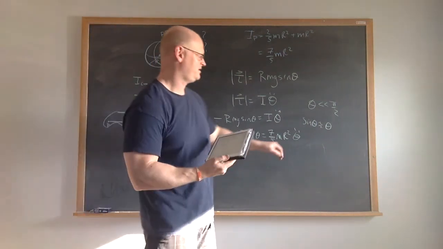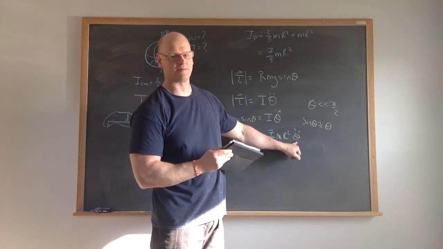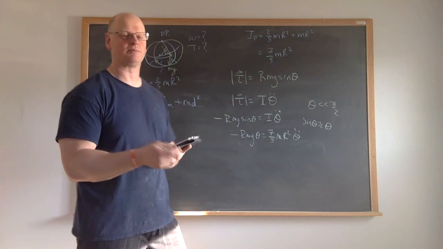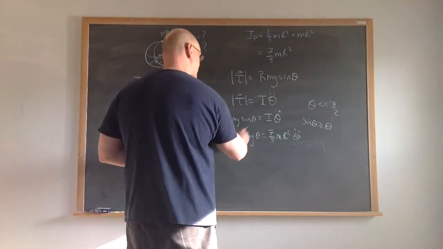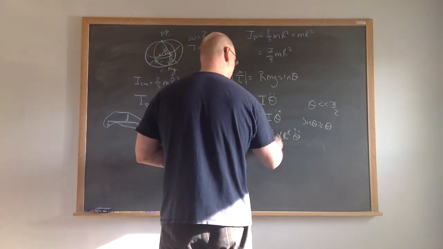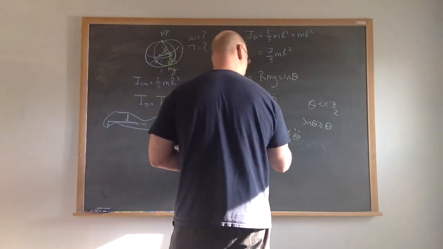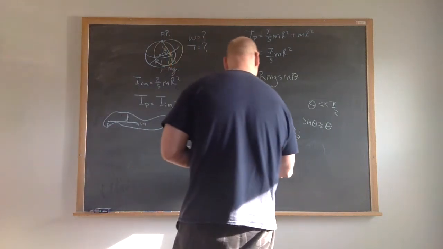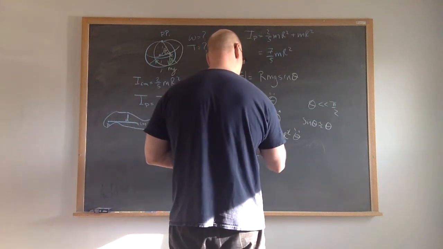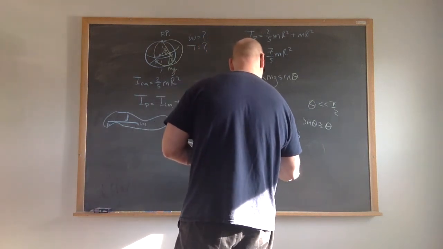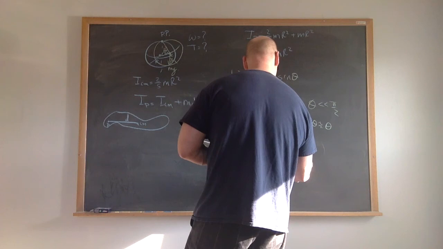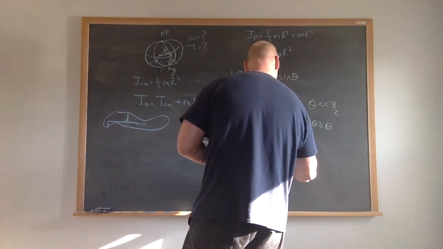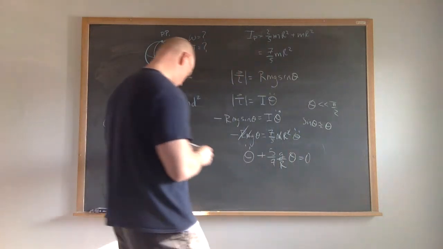So here, x double dot is going to be replaced by theta double dot, and x is going to be replaced by theta. So let's get rid of one of these r's, get rid of the m, and bring all the terms to the other side. So here I get theta double dot plus 5/7 of g divided by r times theta is equal to 0.